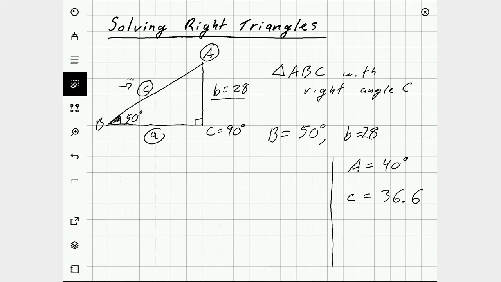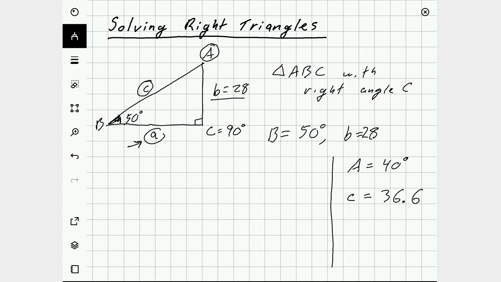All right, so that takes care of side c, which means that the only thing left is to look at side a. And again, now that I know sides b and c, I could use the Pythagorean theorem. That would certainly work. But whenever I can, I want to go back to the things that were given to us.